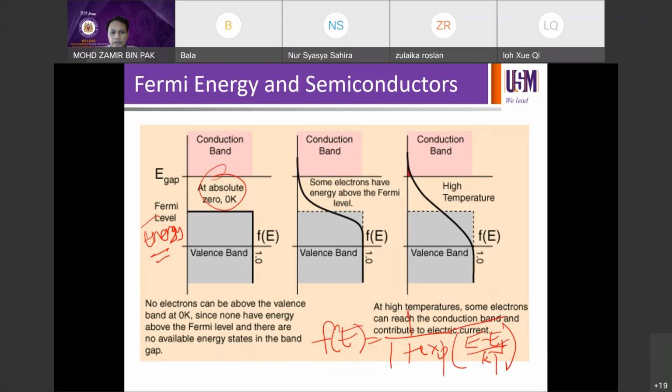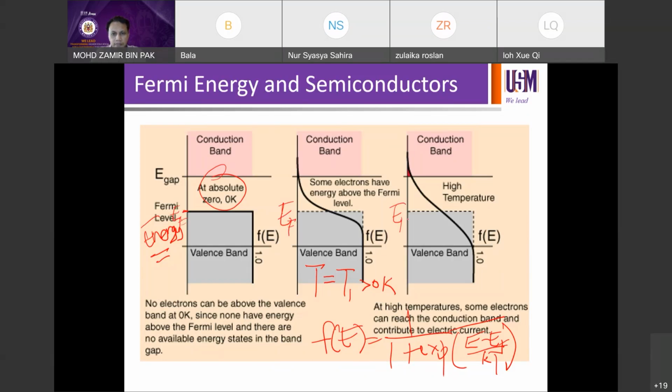On the other hand, if you increase the temperature, you can equate this to T equals T1 if you want to compare to the previous slide, where T1 is higher than 0 Kelvin. EF is here, right in the middle.